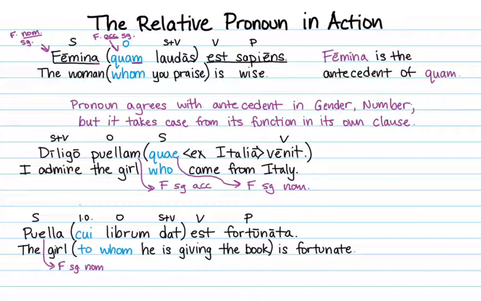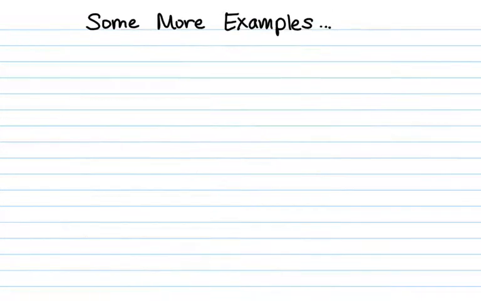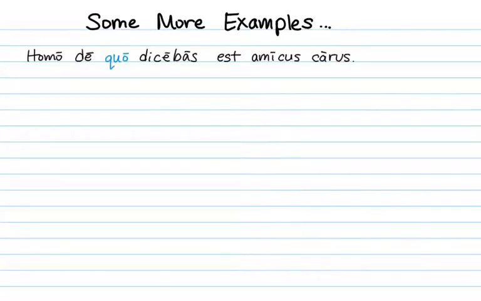Puella is feminine nominative singular because puella is the subject of est. Cui is feminine dative singular because it is the indirect object of dat. You'll notice that cui is the exact same form for masculine and neuter. I called it feminine here because the antecedent is feminine. Let's look at some more examples on the last slide.